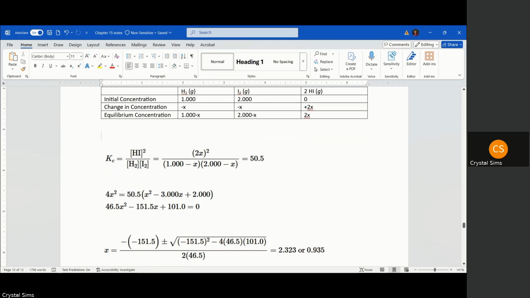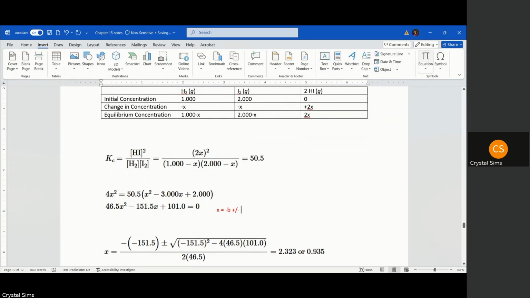And if you do not remember what that is, in solving a quadratic equation, x is equal to negative b, and then plus or minus the square root.